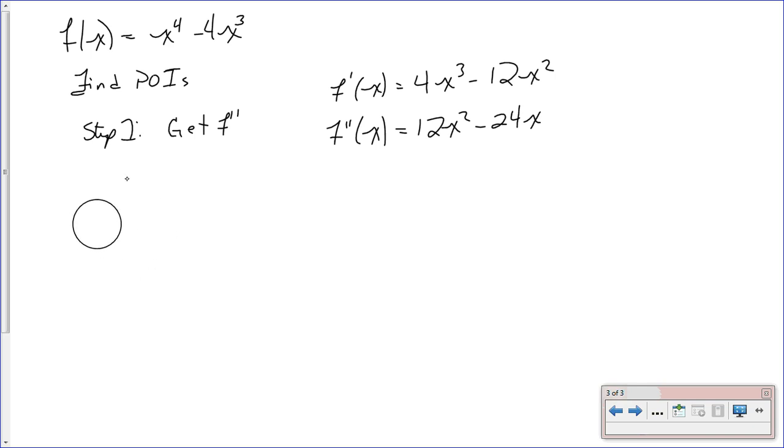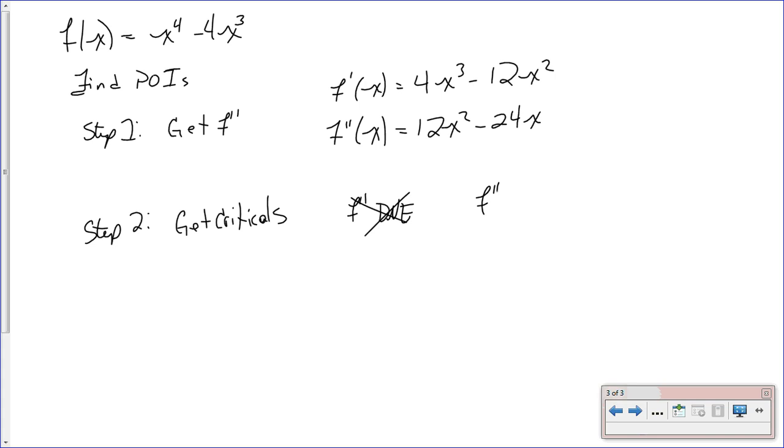Now step 2, we got to get our criticals. We don't have to worry about f double prime not existing, so all we got to do is worry about f double prime equaling 0.